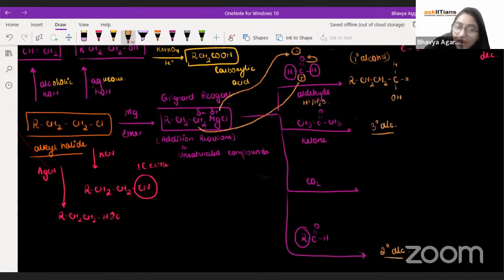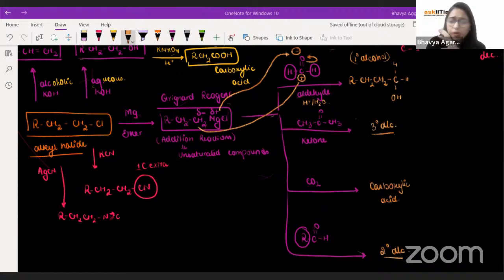And it is carbon dioxide with which it gets maximum oxidized and it starts giving you a carboxylic acid. All right. Anyone having any doubt?